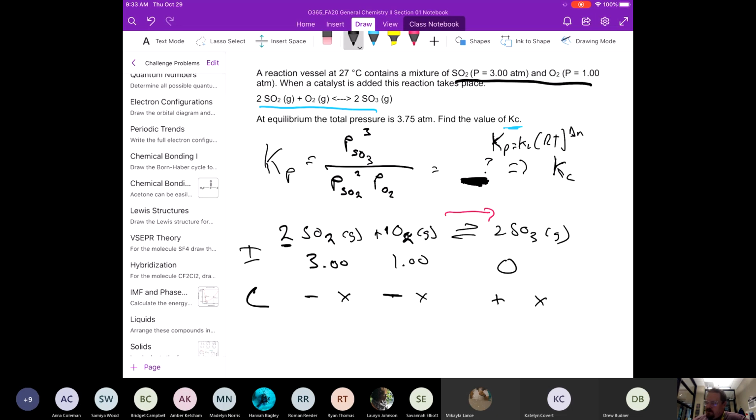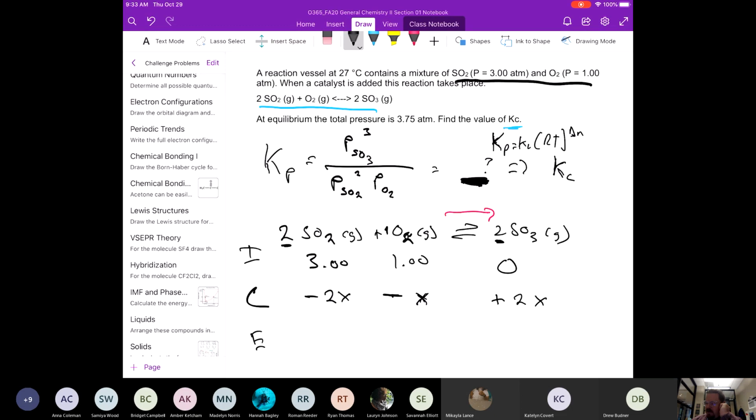So if this is the smallest whole number amount we can lose, we're going to lose twice as much in terms of the SO2. Over here, because of this 2, we are going to gain twice as much. So these coefficients have to be carried down in front of our x's, because the x is our smallest whole number transfer, if we think about it in terms of moles.